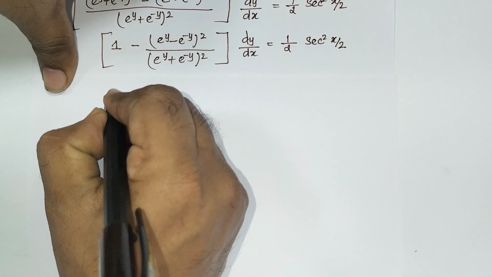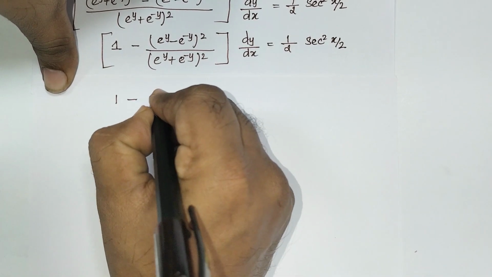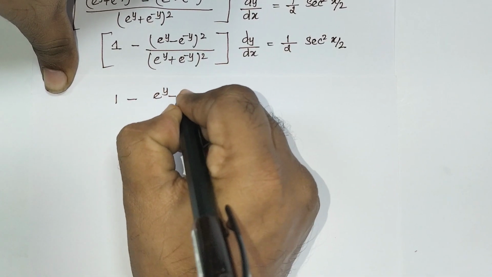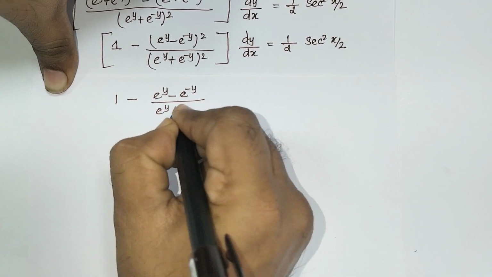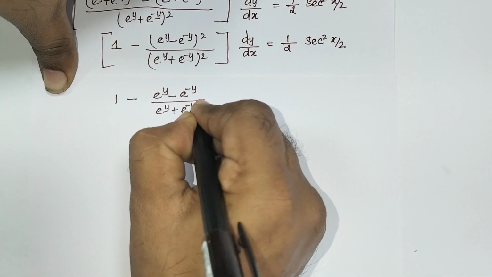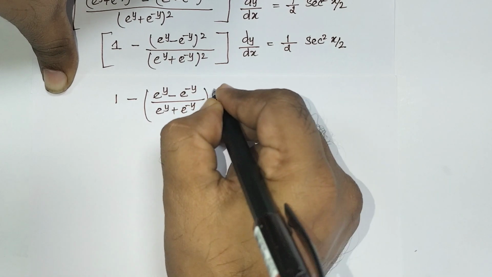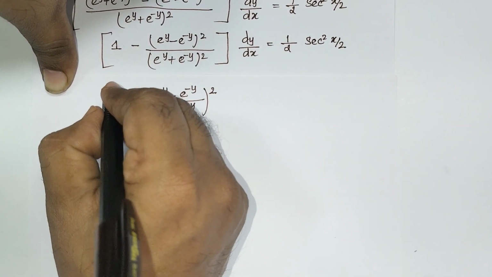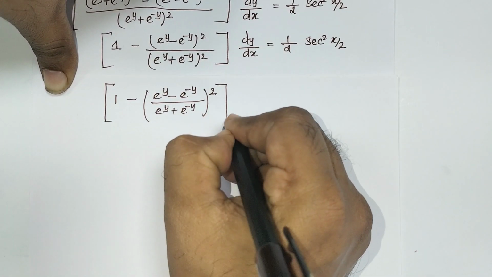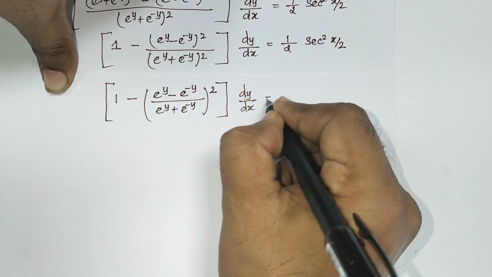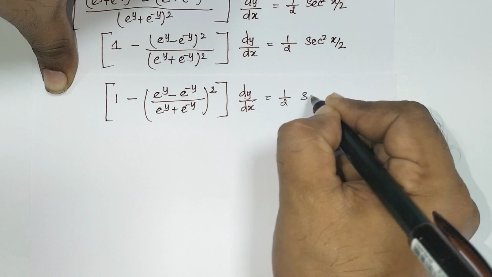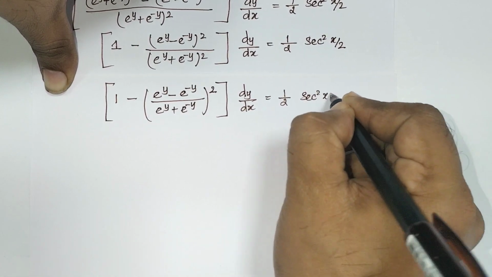So I'll write 1 minus of e power y minus e power minus y divided by e power y plus e power minus y. I have written commonly square, both numerator and denominator. Okay, and dy by dx equal to 1 by 2 secant square x by 2.